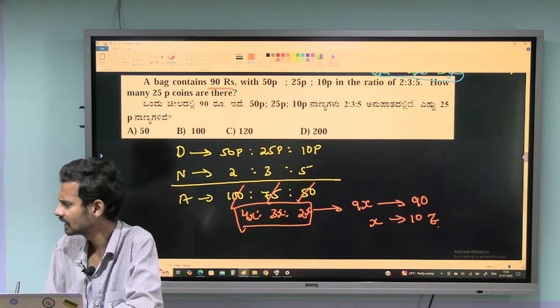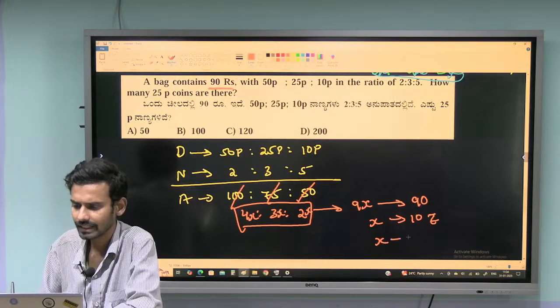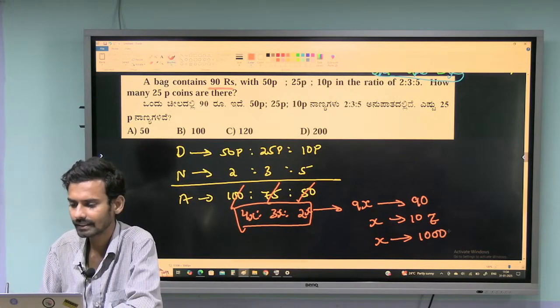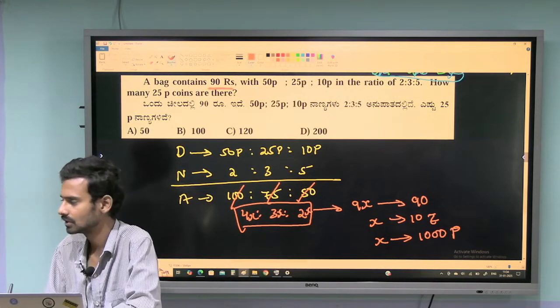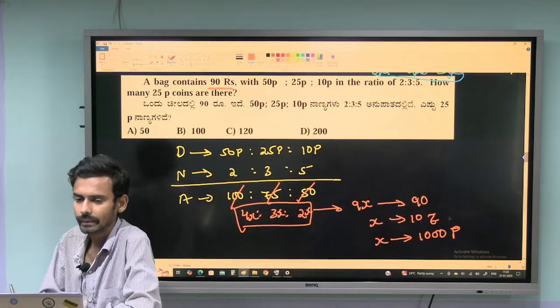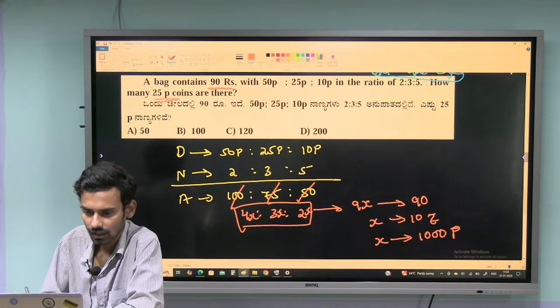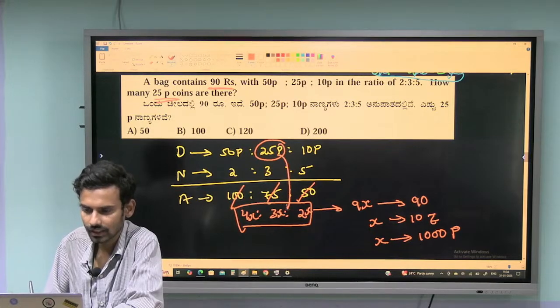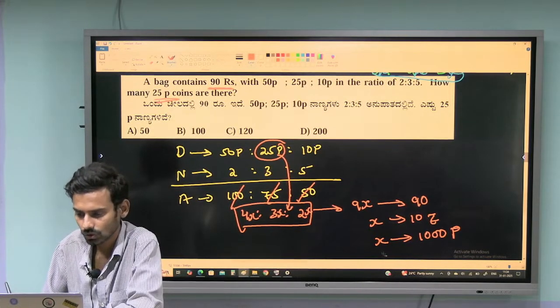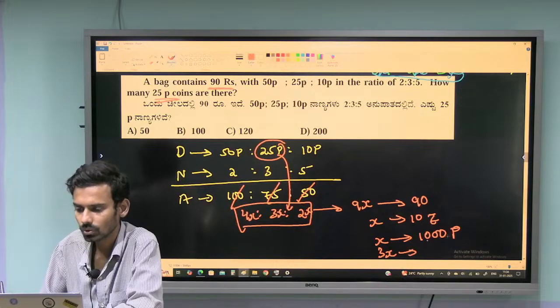If I convert this into paisa, x is 10 into 100, that is 1000 paisa. Is it so? Now the question is asking for 25 paisa. What is the amount under 25 paisa? It is 3x. So 3x value will be equal to 1000 into 3, which is 3000 paisa.